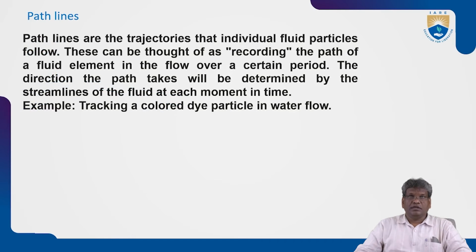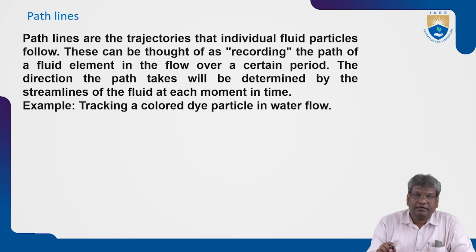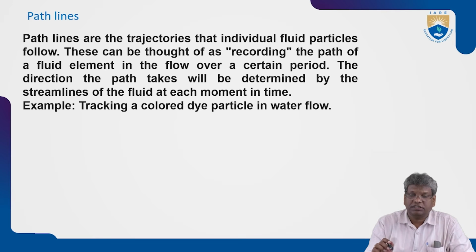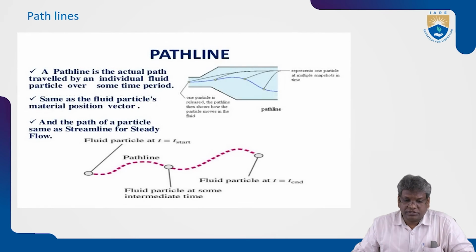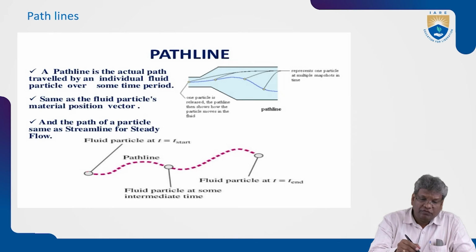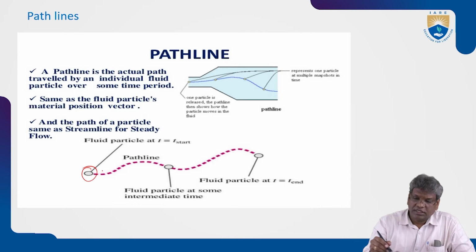Then what is a pathline? Pathlines are the trajectories that individual fluid particles follow. In the diagram here, if you take one particle, the path traced by that individual particle may be traveling in this path, and the second position it may come like this.